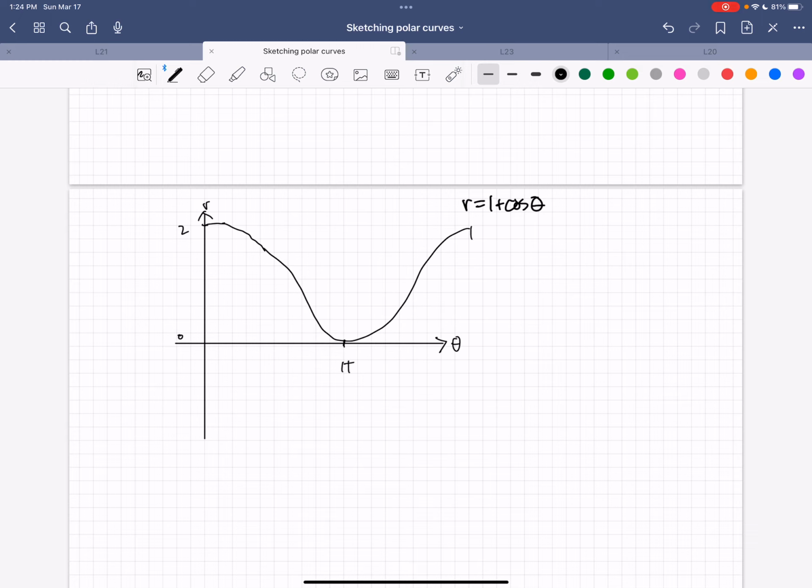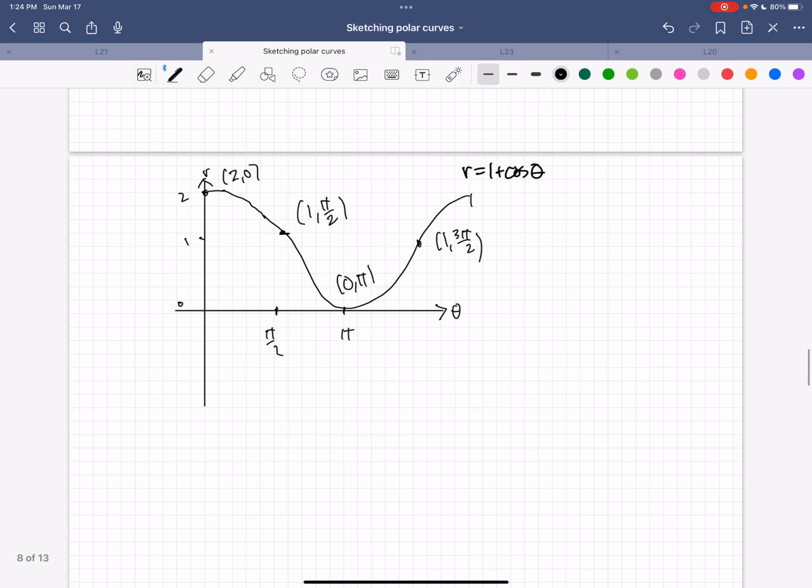Let's get some more angles. So that means then at pi over 2, instead of being 0, we'll actually have a value of 1. Let's translate this into some points. So we've got 2, 0, 1, pi over 2, 0, pi. We're going to have then also 1, 3 pi over 2. Let's start plotting these.